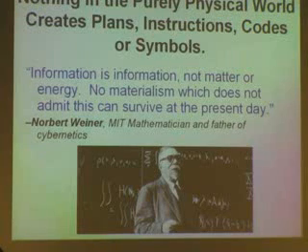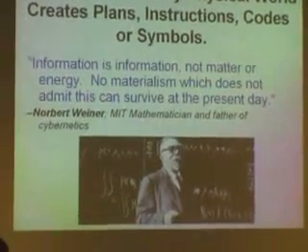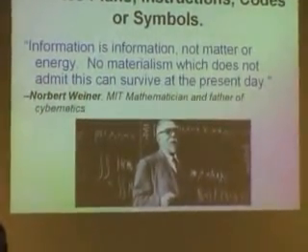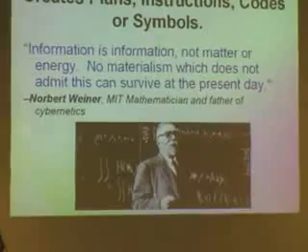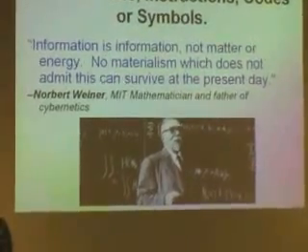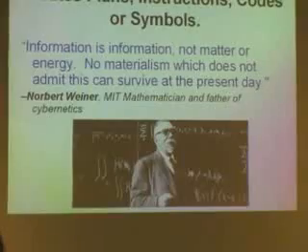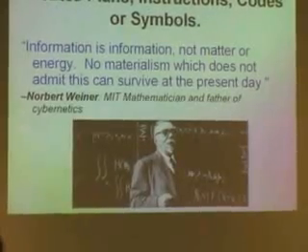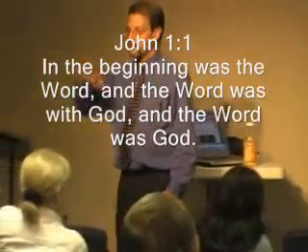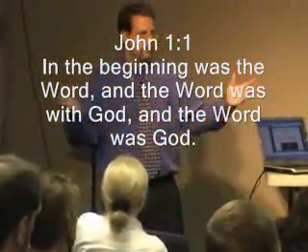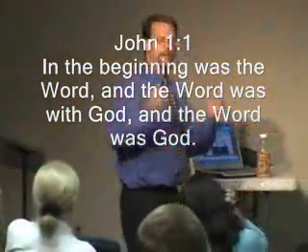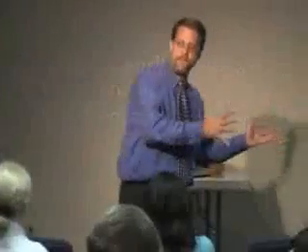And he said something very interesting. He said, information is information. It is not matter or energy. No materialism that does not admit this can survive the present day. What he's saying is, usually when you talk about the universe, there's matter and there's energy, right?